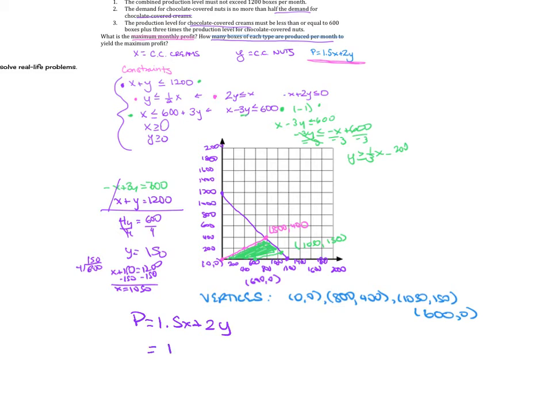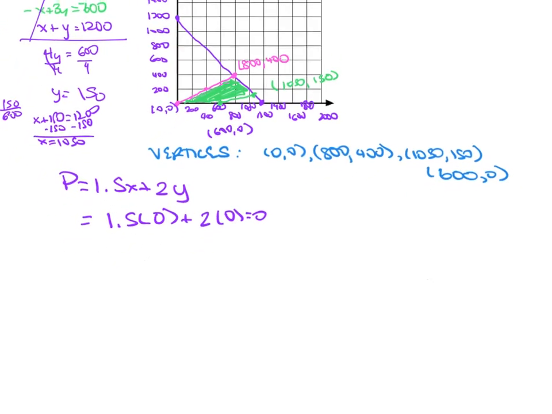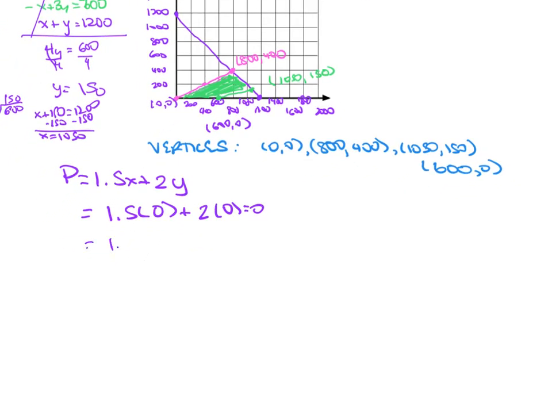And so we get 1.5 times 0 plus 2 times 0. Obviously, that's going to be 0. Then we'll plug in the rest: 1.5 times 800 plus 2 times 400. I'm just going to plug them all in first before I solve. Then 1.5 times 1050 plus 2 times 150, and 1.5 times 600 plus 2 times 0.